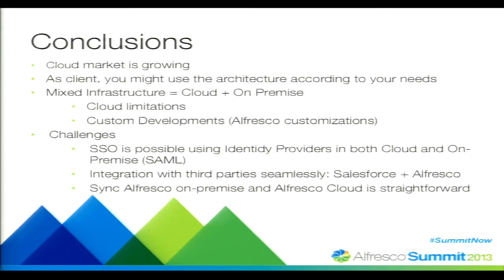For example, the most commonly used infrastructure is the mixed infrastructure, using the best of the cloud services and the best of the on-premise services. For example, with the on-premise instance, we can mitigate some limitations of the cloud.